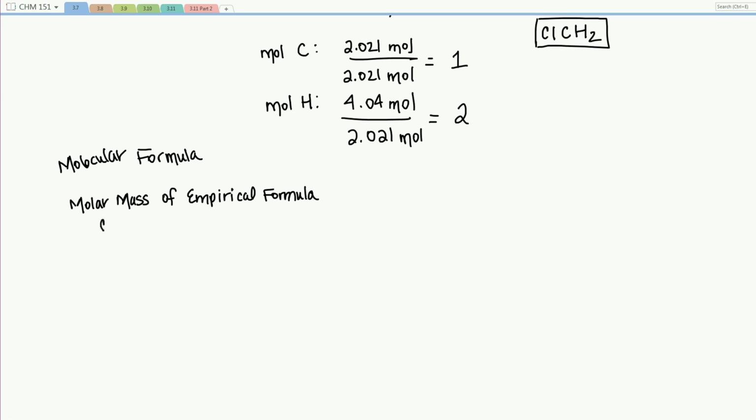Alright, so for chlorine, carbon, and hydrogen, we need to look at the molar masses. So we have, for chlorine, the molar mass is 35.45 grams per mole, and we just have one chlorine, so that's 35.45. For carbon, 12.01 grams per mole, and we just have one carbon.